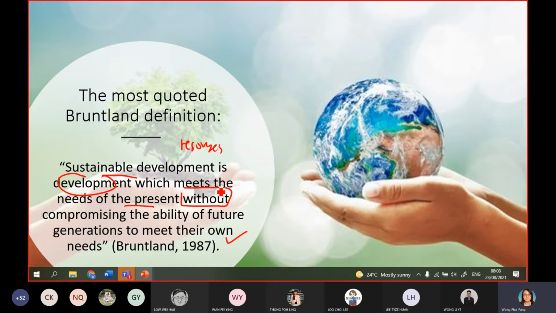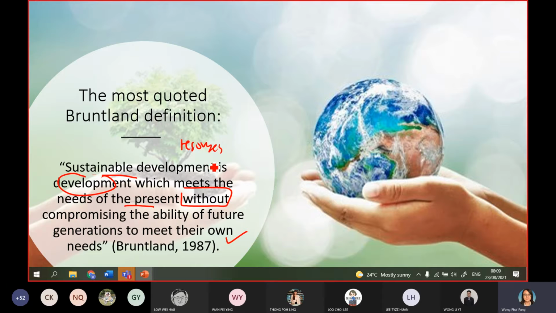So if we today continue to overconsume, or what we call unsustainable consumption, which means you just take whatever you want, it will degrade and diminish all the natural resources that should be available for tomorrow's society, or the tomorrow generation.